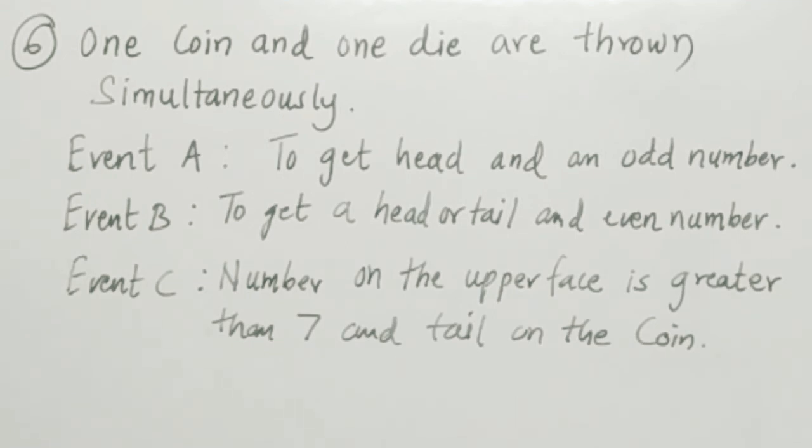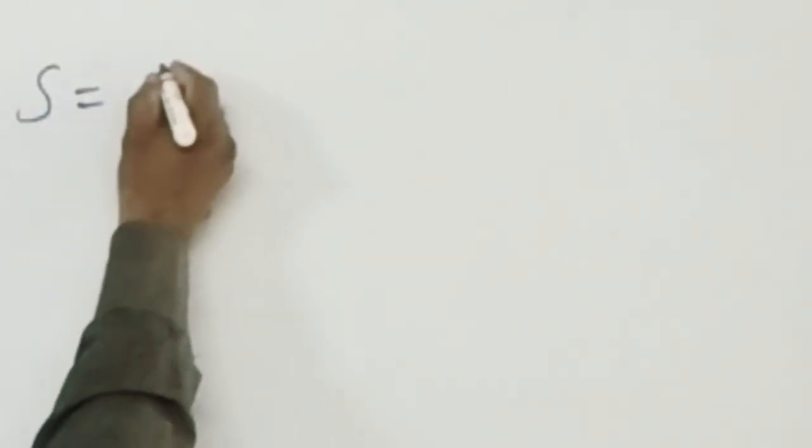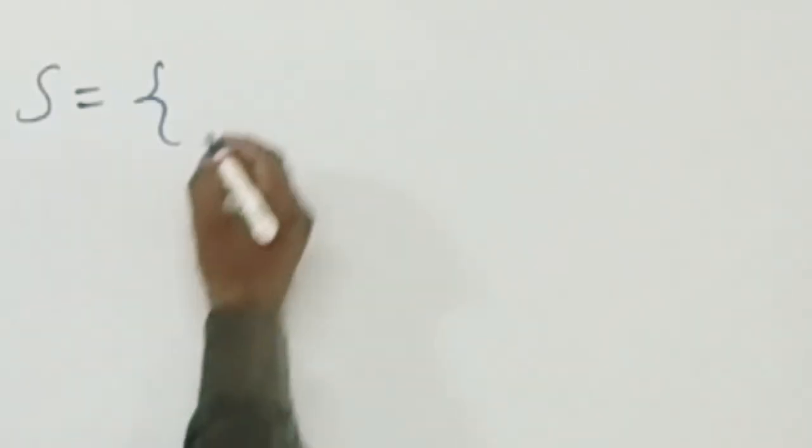Sixth example: one coin and one die are thrown simultaneously. So the sample space S of one die and one coin: the outcomes of the coin are H, head, or T, tail, and a die has numbers 1 to 6. Simultaneously means both are thrown at one time.